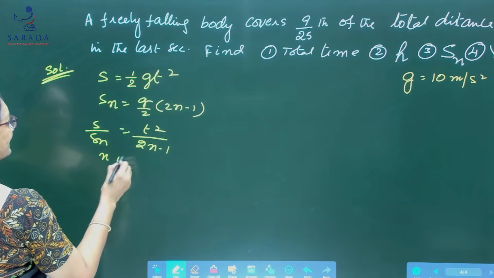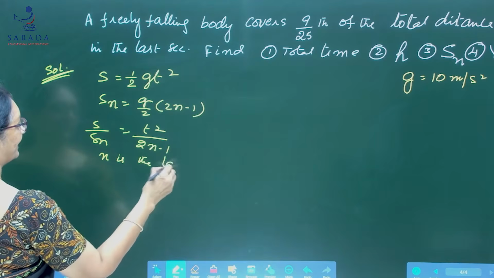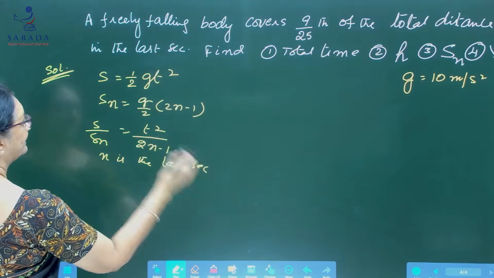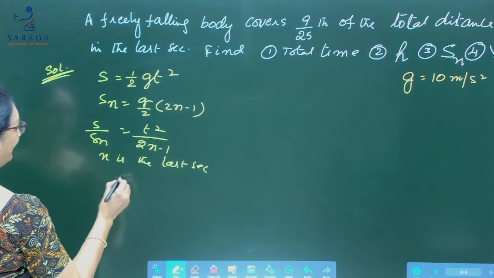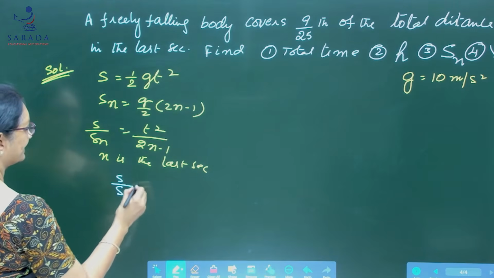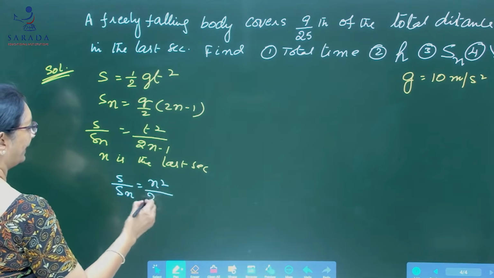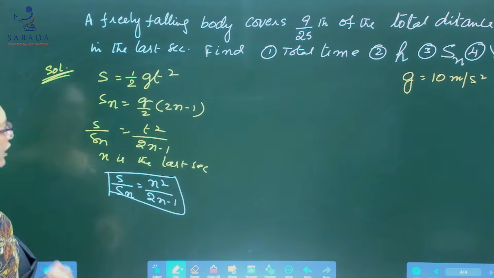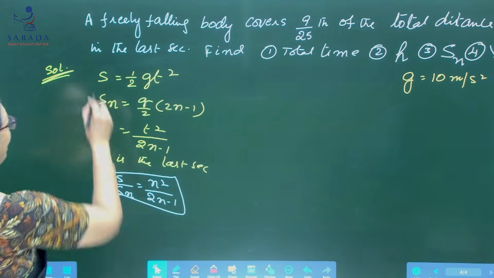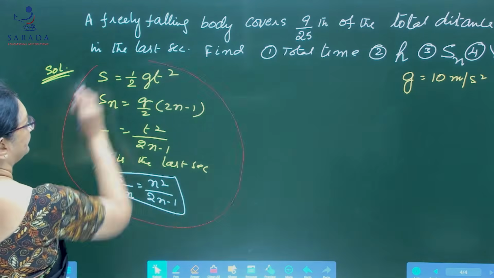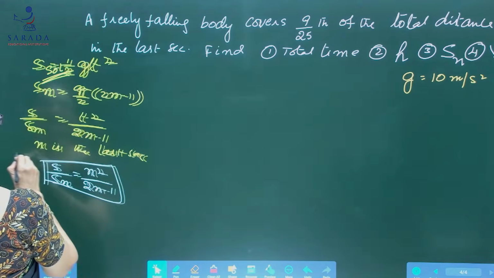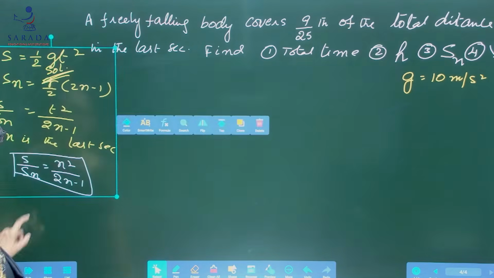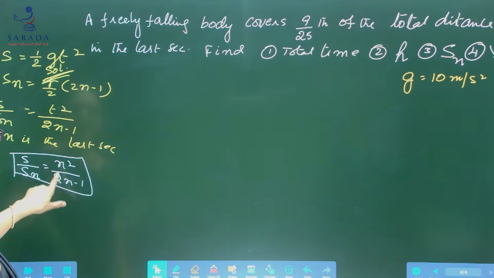If n is the last second, then t is equal to n, which implies S by Sn is equal to n square by 2n minus 1. This we already learnt. Okay, S by Sn is equal to n square by 2n minus 1.